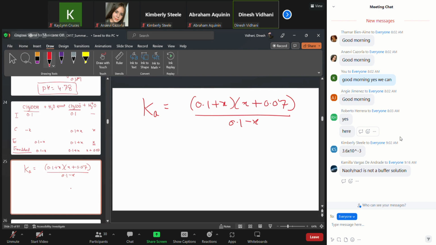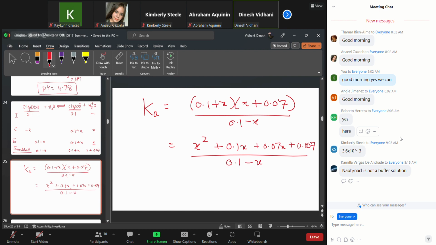Can you expand it the way we did it earlier? So you have X squared. I'm simply going to write it the way it is, divided by 0.1 minus X.